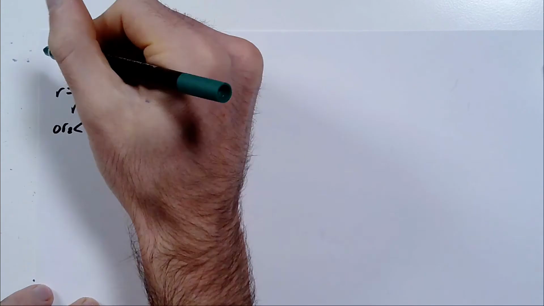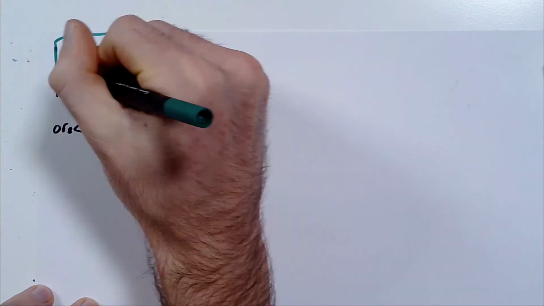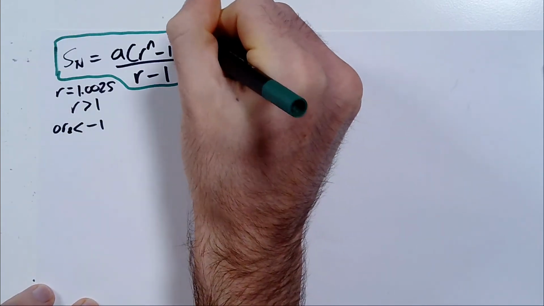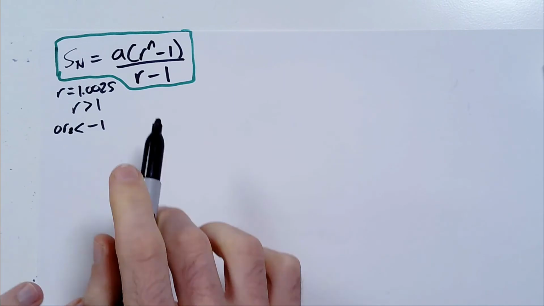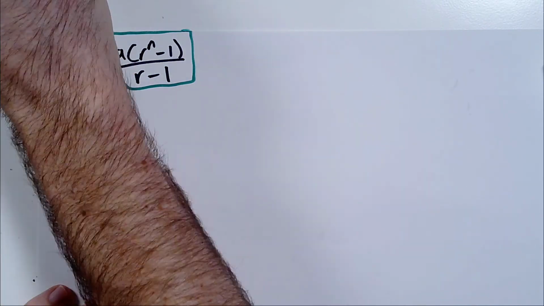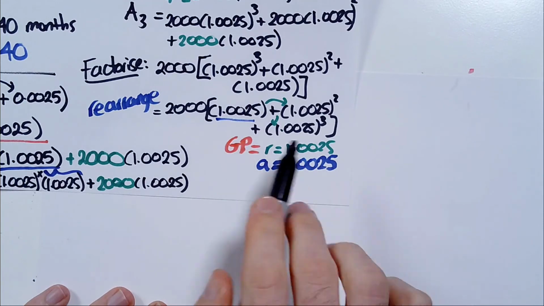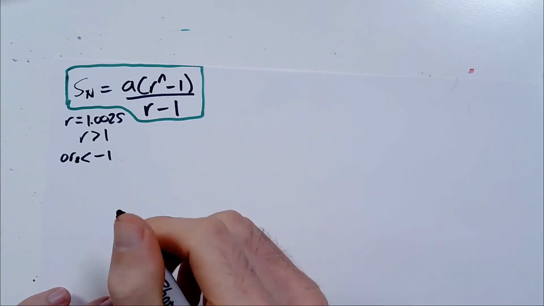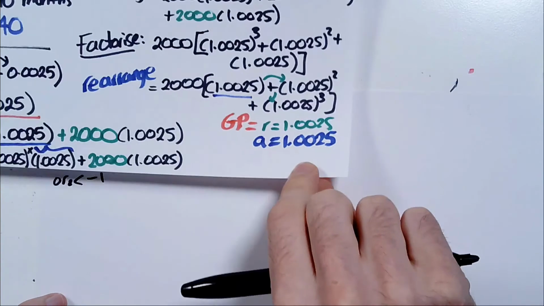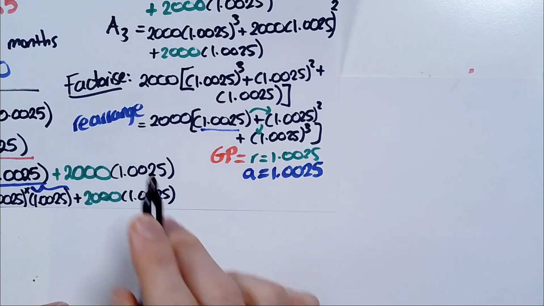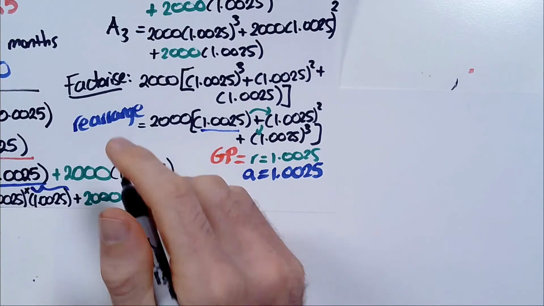So that is the formula for the sum of a geometric progression of the kind that we see in our brackets. Remember, we saw a geometric progression emerge here, so we can now use that formula in a more general way. So remember, we had A3 there. We can now make a general formula.